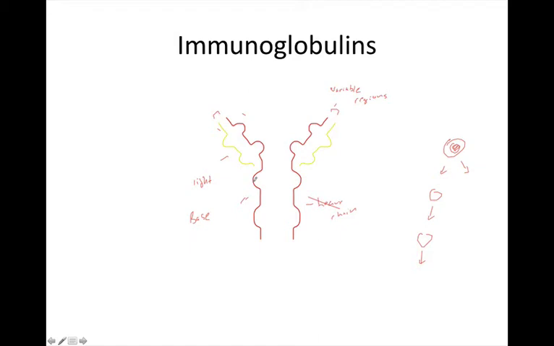Now remember that antibodies are proteins. So when this plasma cell is all done, once we splice together the right combination of genes in the nucleus of these plasma cells, remember a gene is just a code for a specific protein, this variable region is going to be different with each antibody.